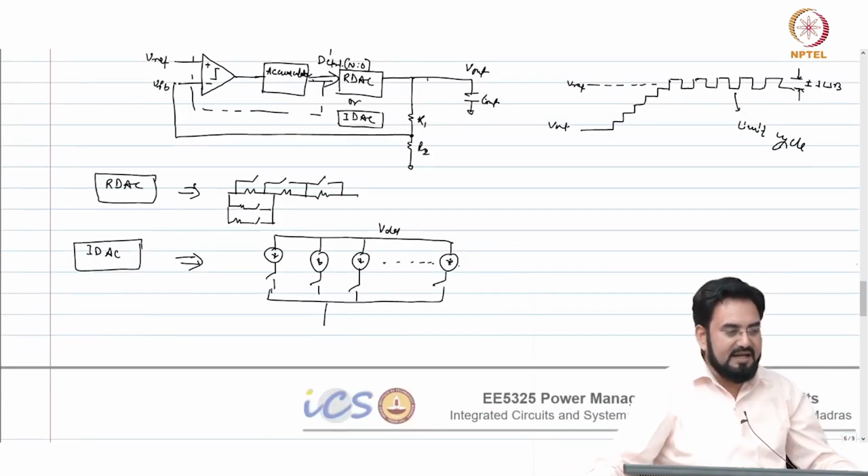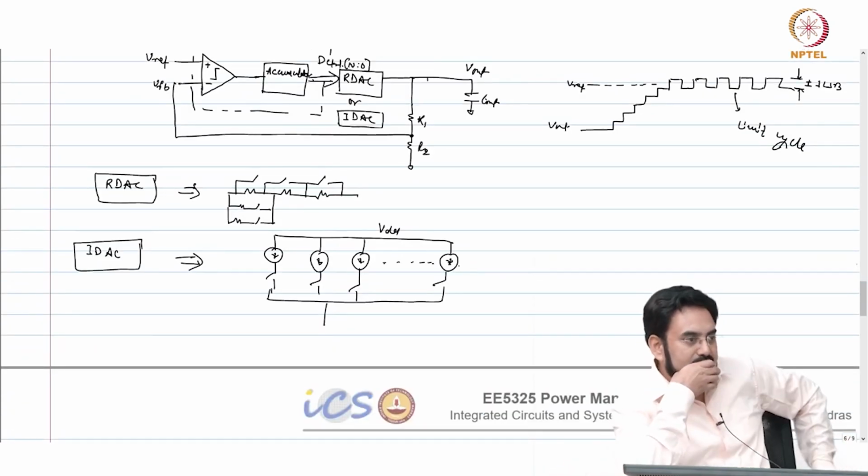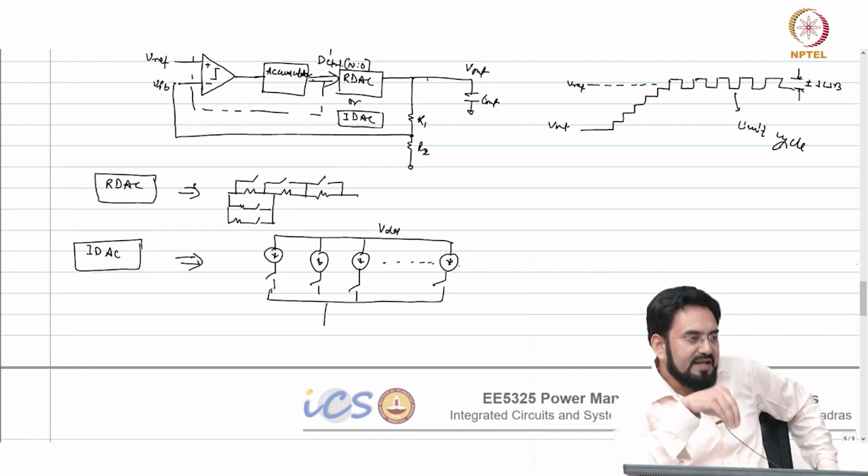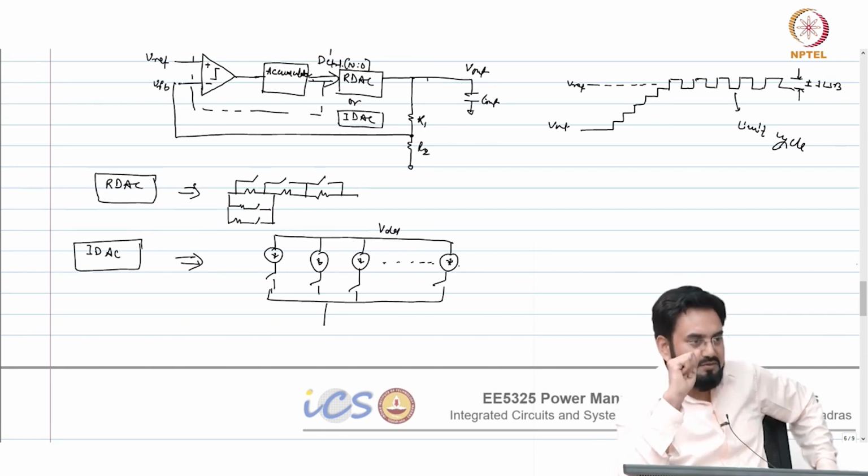So, let us say you are using IDAC. RDAC maximum load? How come? Why? So, for IDAC, in both the cases your R out is very high at light load, you know.